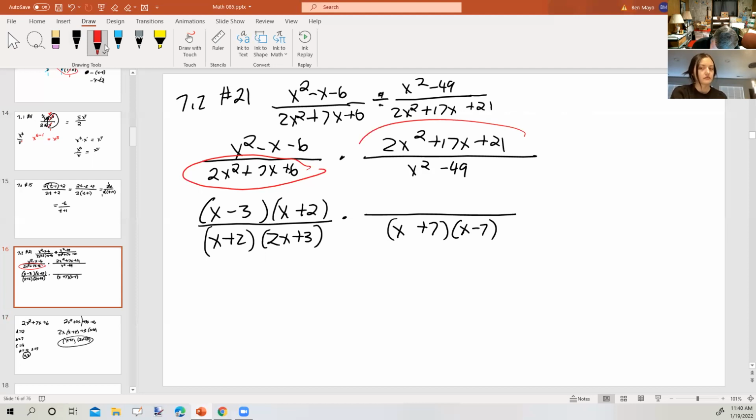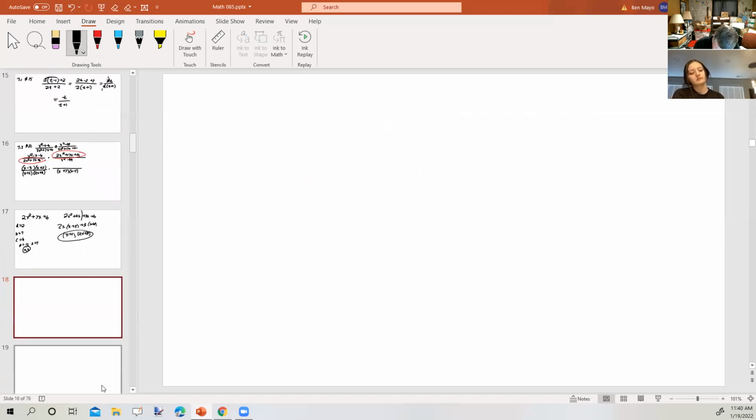Now I'm going to take this one and go to a page down below. 2x squared plus 17x plus 21. Again, we have a trinomial in standard form, no greatest common factor, not a perfect square, doesn't have a leading coefficient of 1. I'm going to use grouping.